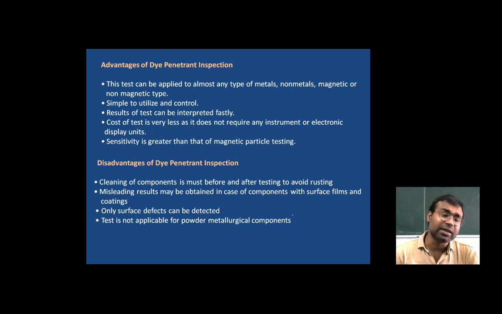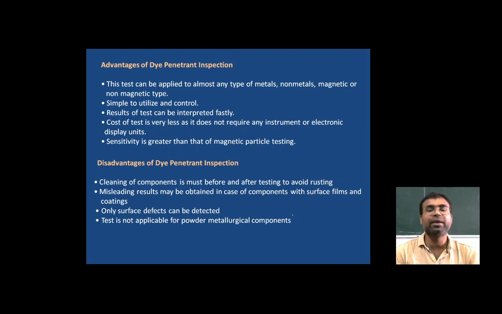And what are the disadvantages? As we know, no method is perfect or 100% efficient, so every method has some defects or flaws. The disadvantages of dye penetration inspection: cleaning of the component is a must before and after testing, to avoid rusting on the surface of the material.